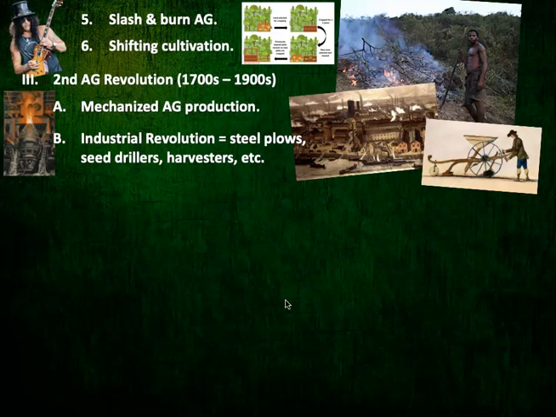This idea of mechanized agricultural production: before the 1700s, agricultural production is pretty much always powered by either humans or animals. There's not really any quote unquote machines that have been developed yet. And that's where we're going to see this real explosion in the late 1700s, going into the 1800s and right up into the 20th century, 1900s.